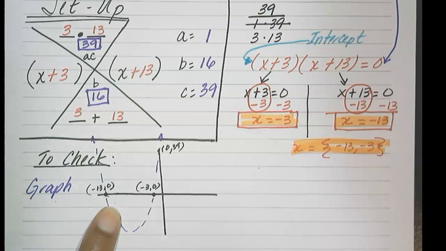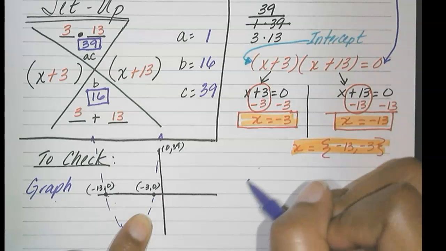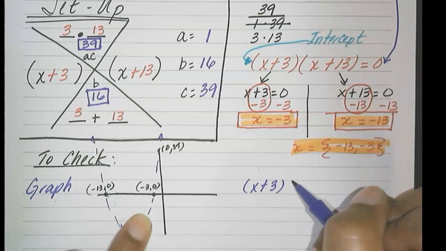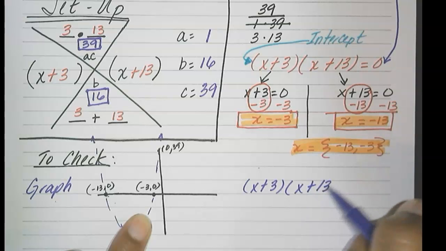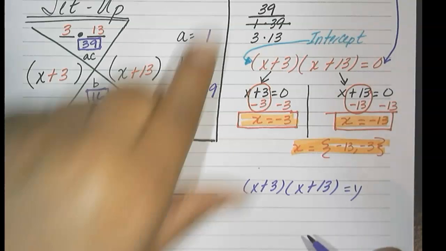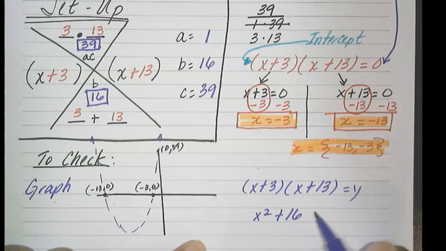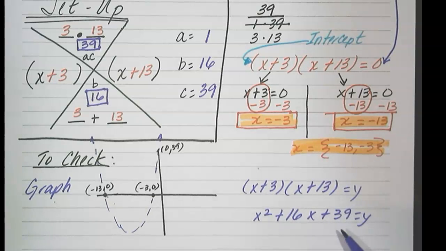Another thing that you can do, if you wanted to check this, you can put both x plus 3 times x plus 13 inside whatever graphing feature you have. And then you can also put x squared plus 16x plus 39 equal y into that same graphing, whatever you're going to use, decimals or the 83 or whatever other thing you got.